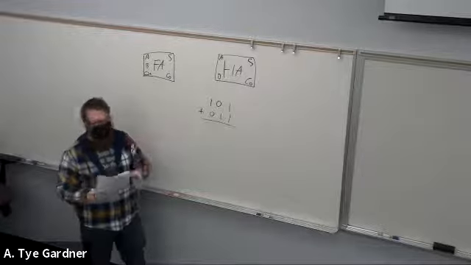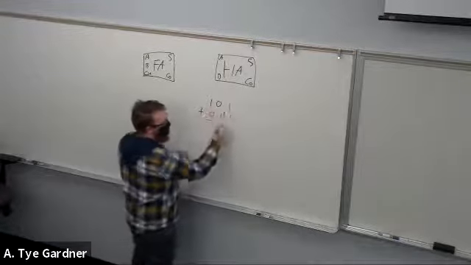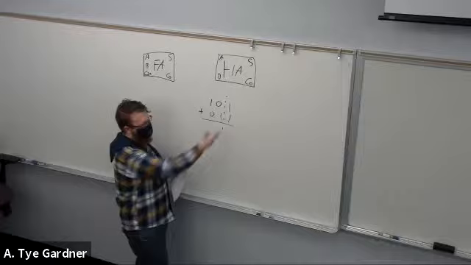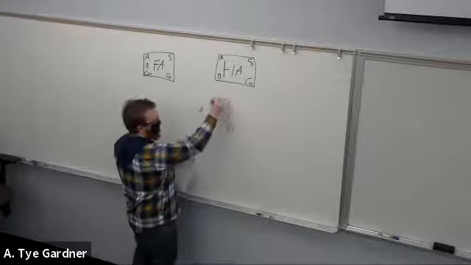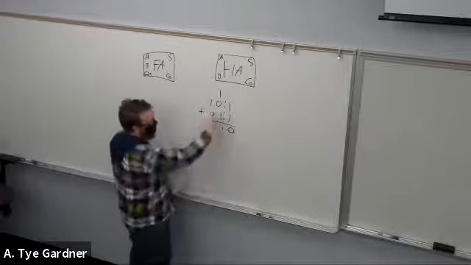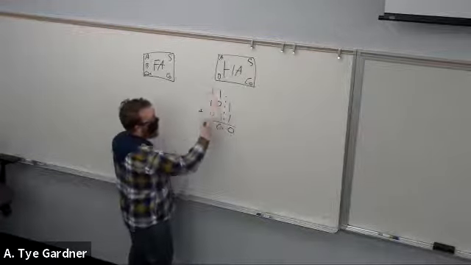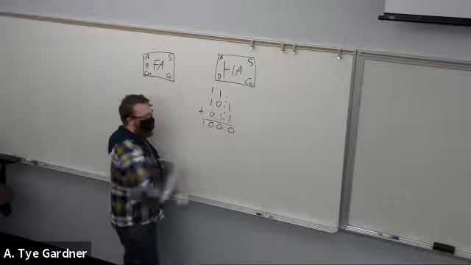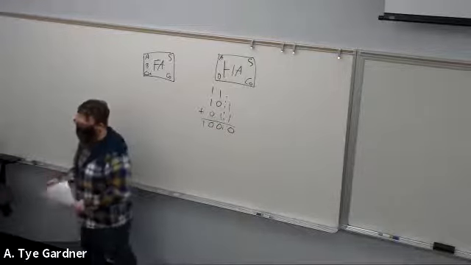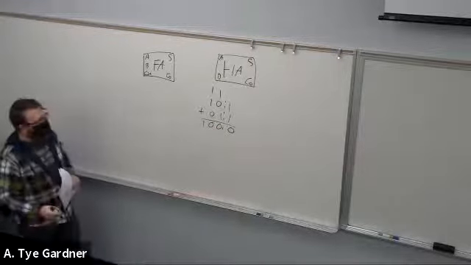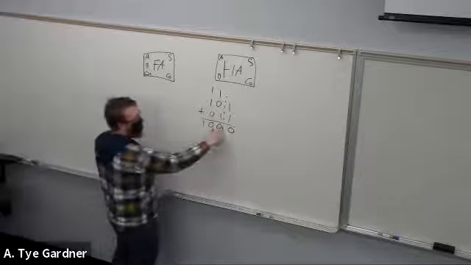I can worry about it one column at a time, right? So 1 plus 1 is 0 with the carry. And then up here, 0 with the carry, 0 with the carry, right? That's how the addition works.